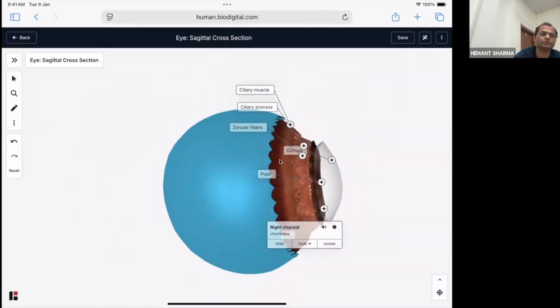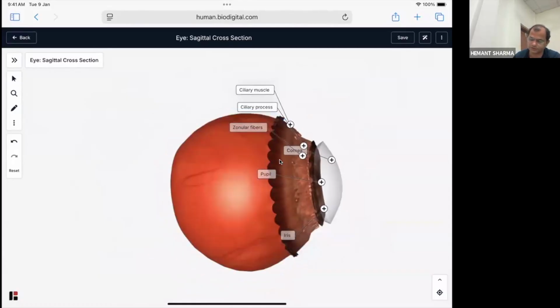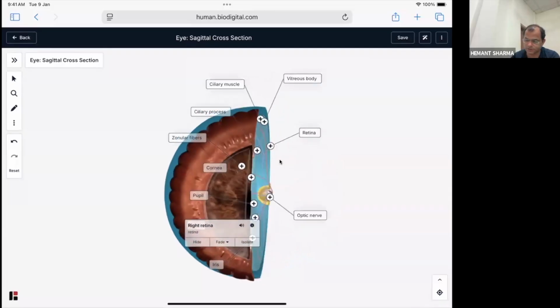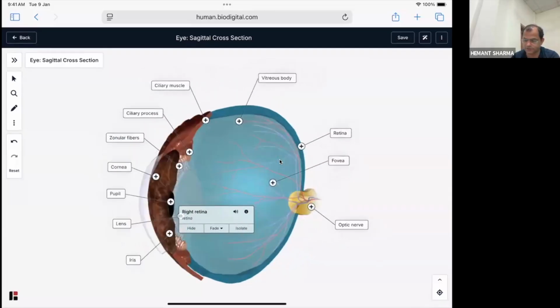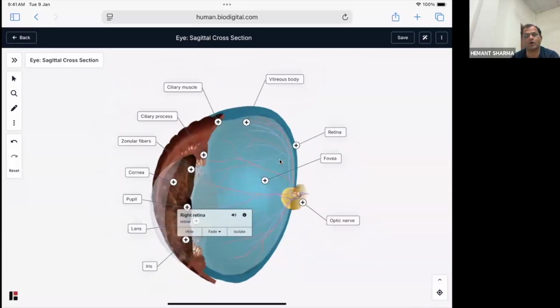If we remove this also, then this is retina, the inner layer, having lots of nerve. इसमें बहुत नर्व होती है. And so we can see how this is the inner part. We can see it is like a ball.